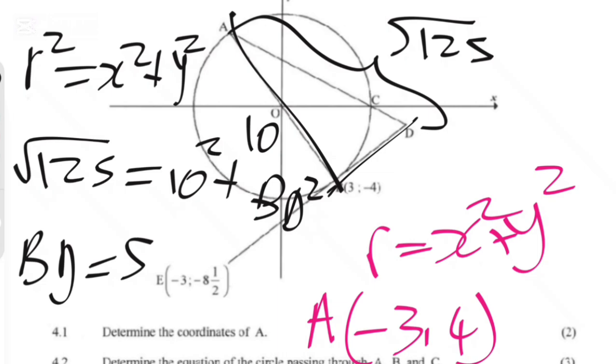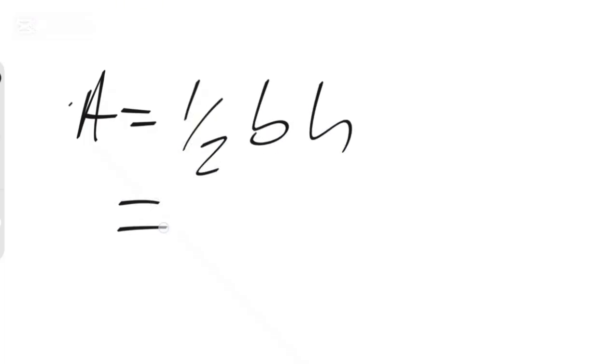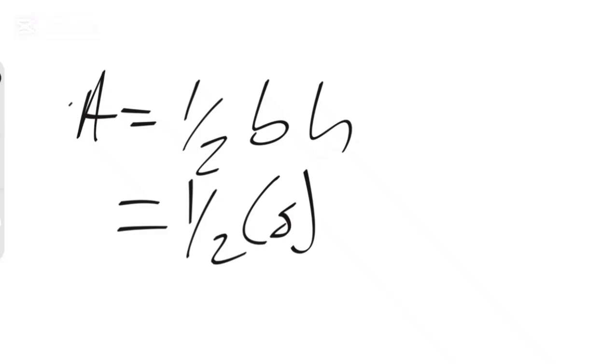Base is 5, so area equals half base times height, equals half times 5 times the height, which is the length we calculated. I'm not going to do it.